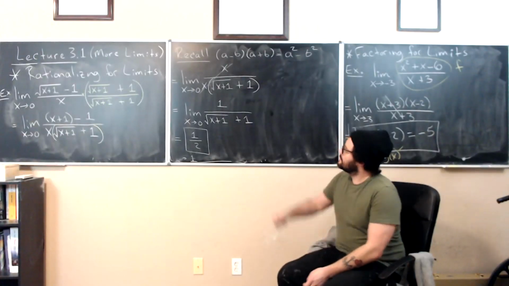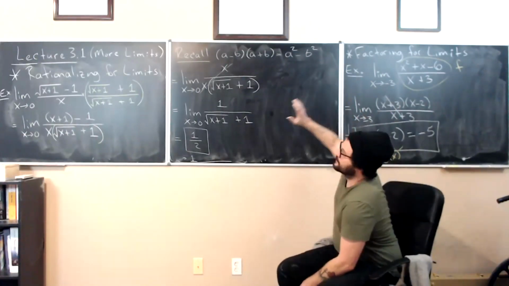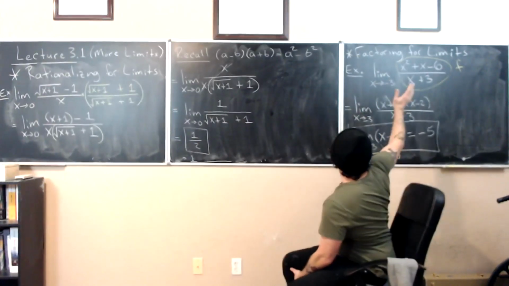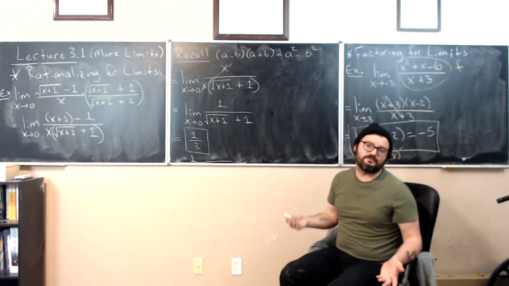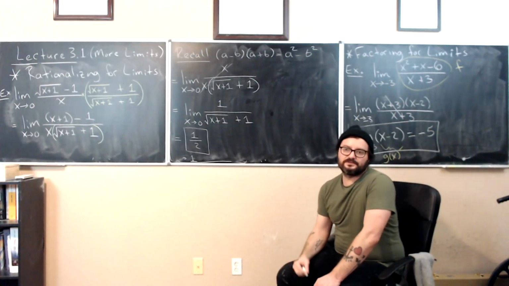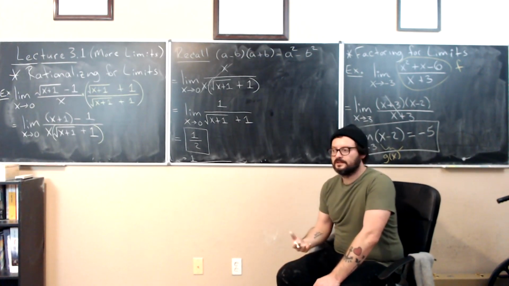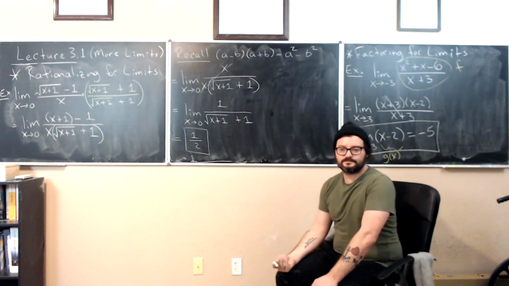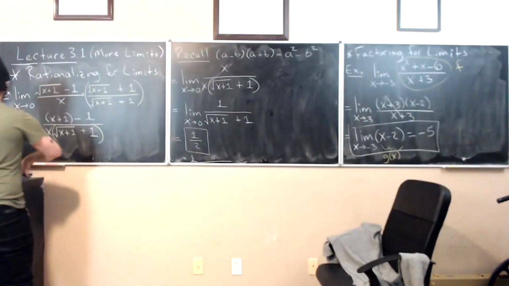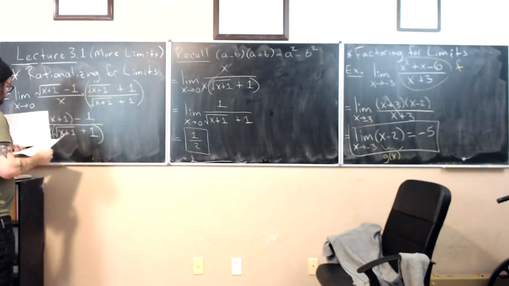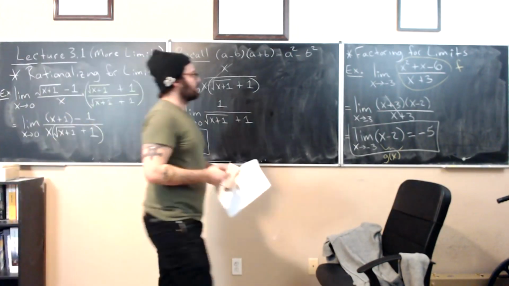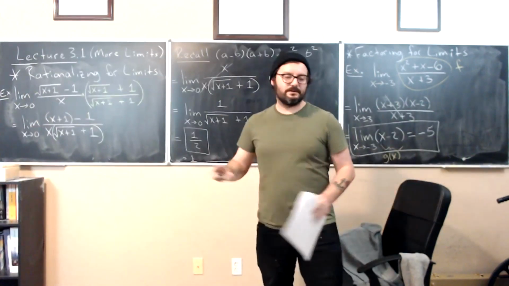And these techniques of using a clever multiplication by 1 to get rid of radicals and simplify, or factoring, they actually do matter to make applications of theorems that you might know useful. Okay. I think this is a good spot to pause the video.